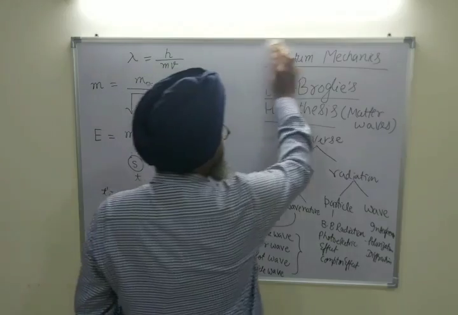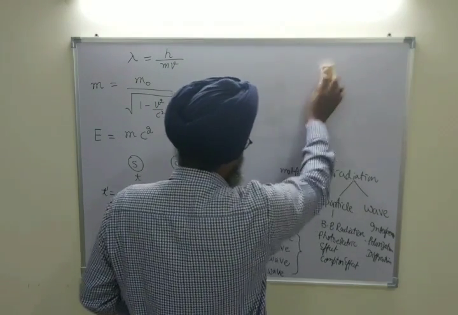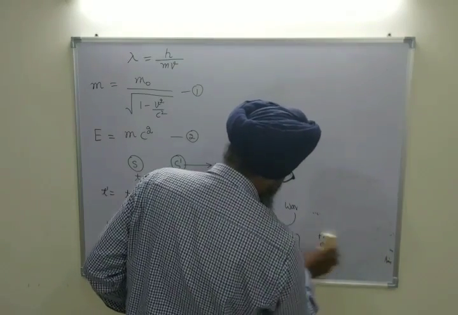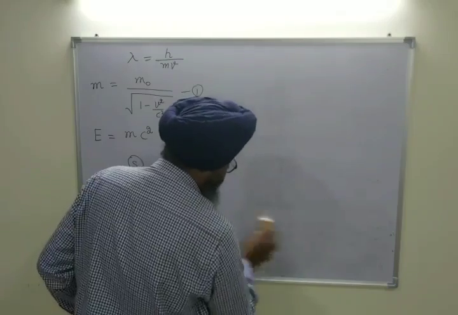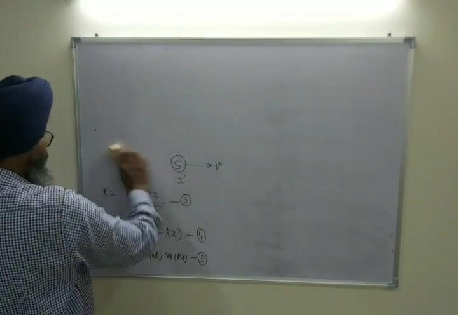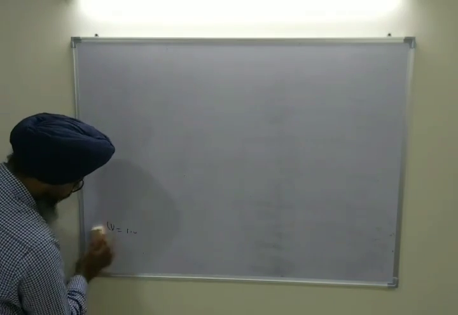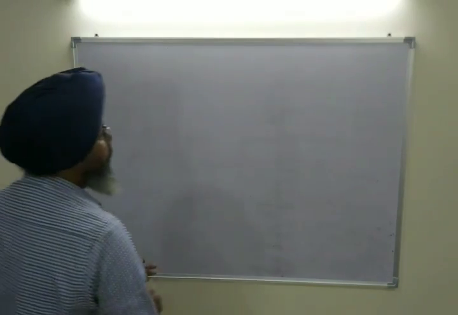For that, we have to just formulate the problem, and for doing that, suppose there are two frames of reference, S and S dash, and we show them in such a way that their x-axis coincide with each other, like this one.